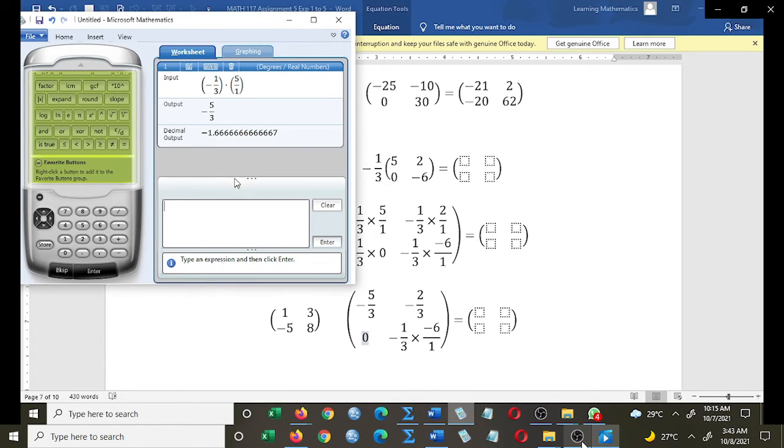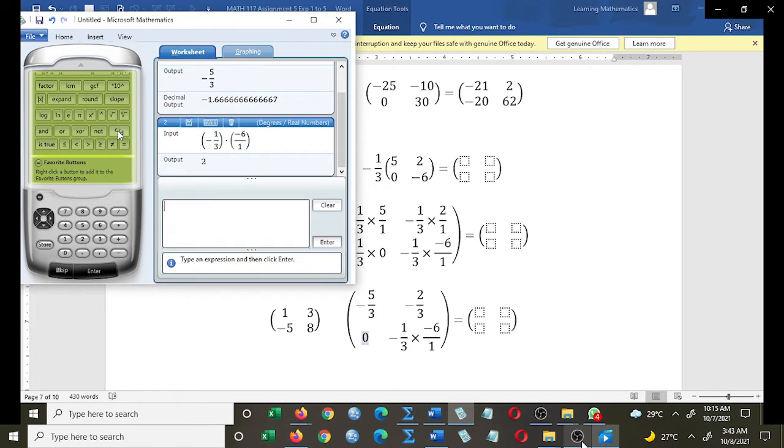And negative a third times minus 6 over 1 is what? Positive 2. Negative 1 over 3 times negative 6 over 1 is supposed to give you a positive 2.